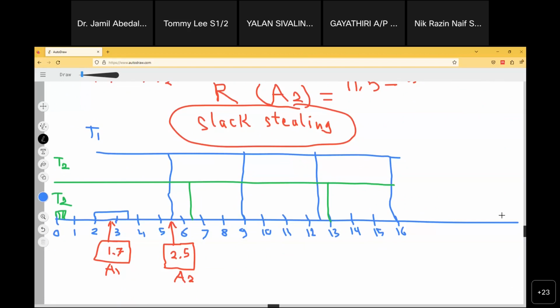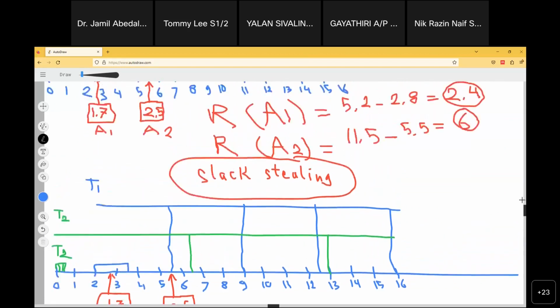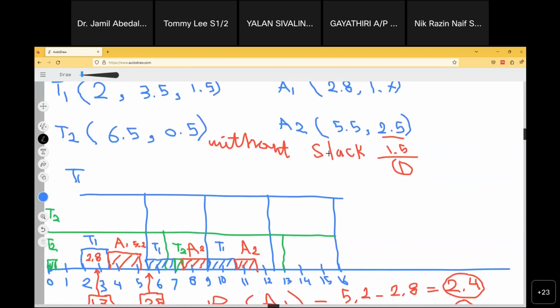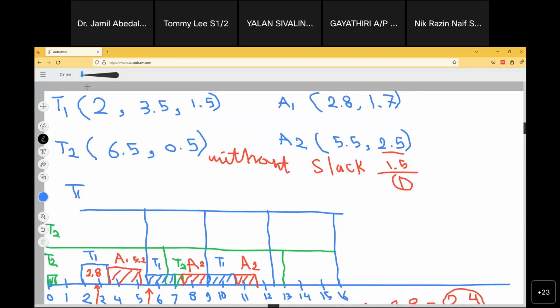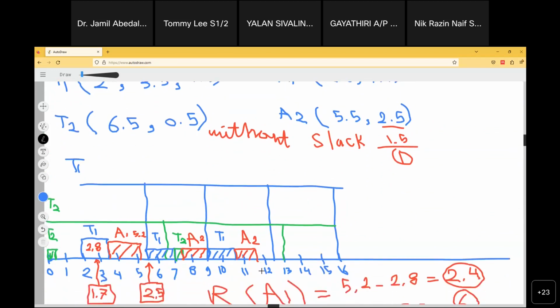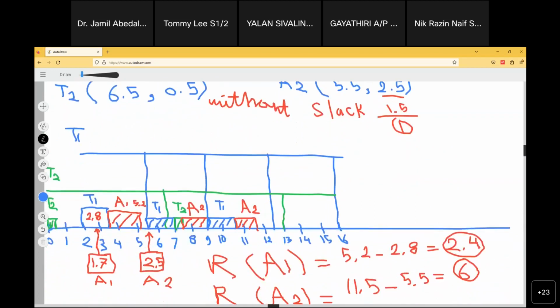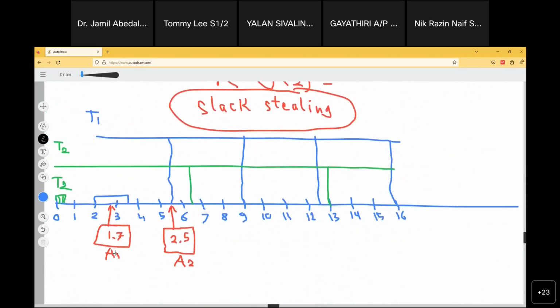So the difference between with slack stealing and without slack stealing: without slack stealing, the priority is given to the periodic. But with slack stealing, the priority will be given to aperiodic, and as you see here, a periodic job releases at 2.8.